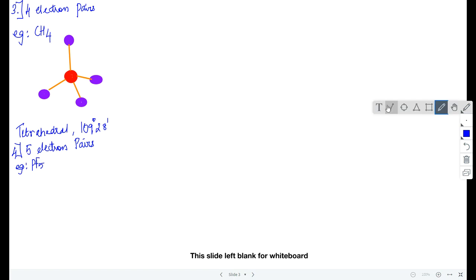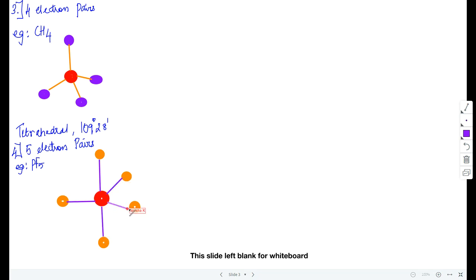For 5, let's draw the structure. Okay, so this is a 5 electron pair.